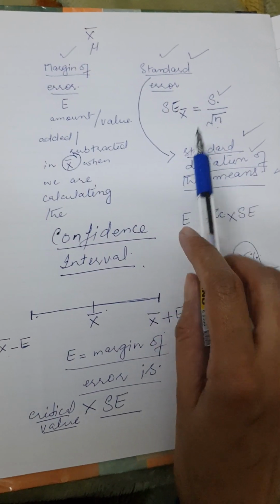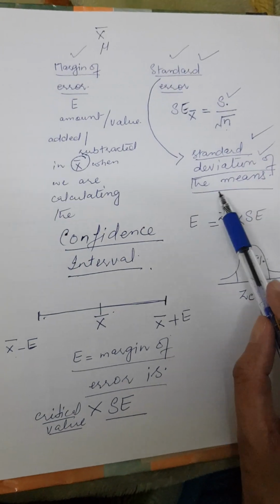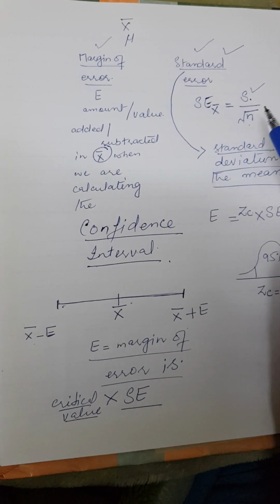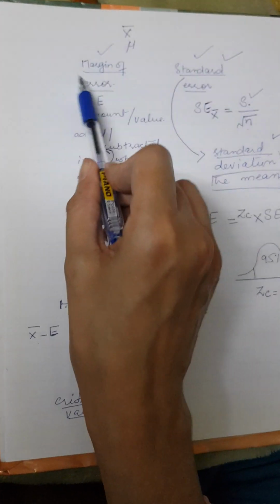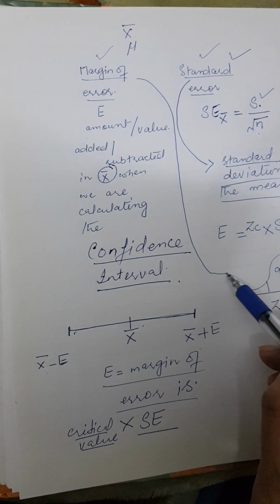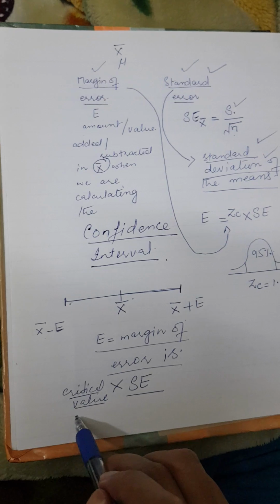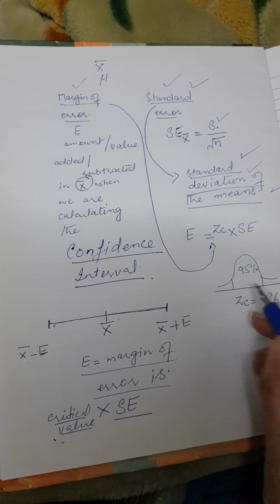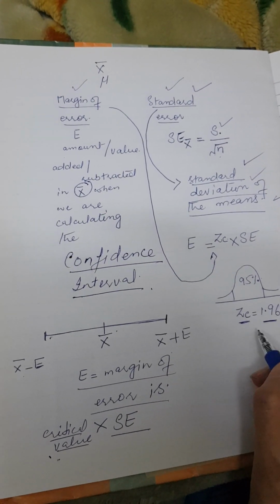The standard error is basically the standard error of the mean. It is the standard deviation of the means, and it is calculated as the standard deviation divided by the square root of n. N is the number of samples. And what is the margin of error? The margin of error is the standard error multiplied by the critical value, and at the 95% confidence level, we know that the critical value is 1.96.